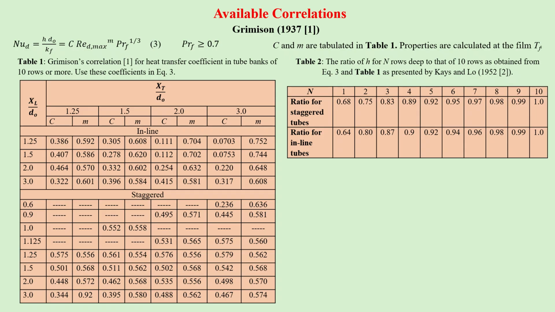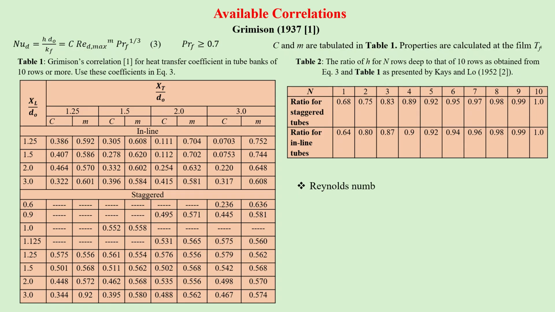For example, if it was inline with N equal to 4, then the factor should be 0.9, and for staggered, we will get 0.89.